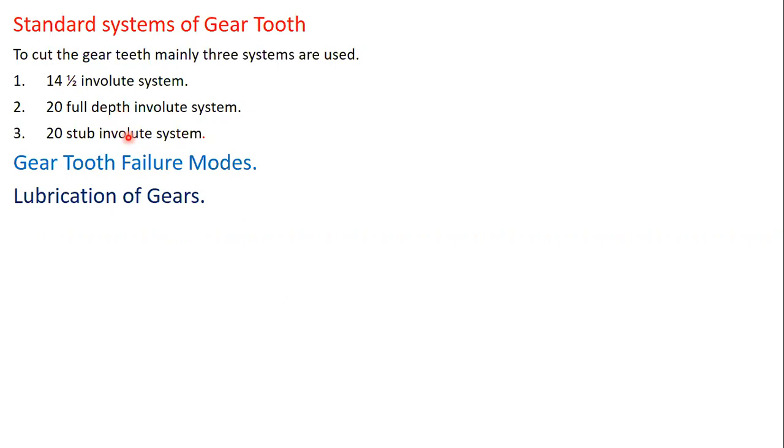And the root will be stronger than the 20 degree full depth involute system. The next one is low production cost. Compared to the 20 degree full depth involute system, where the production cost is more, the 20 degree stub involute system has a lower production cost.